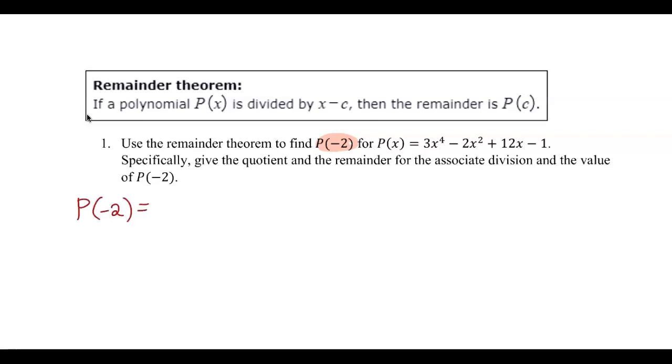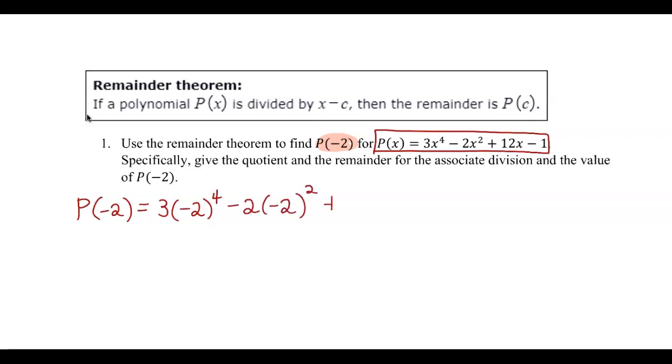Let's go ahead and just plug in negative 2 into this function and find the function value. 3 times, and I'm using this function right here, 3 times negative 2 to the 4th power minus 2 times negative 2 squared plus 12 times negative 2 minus 1.